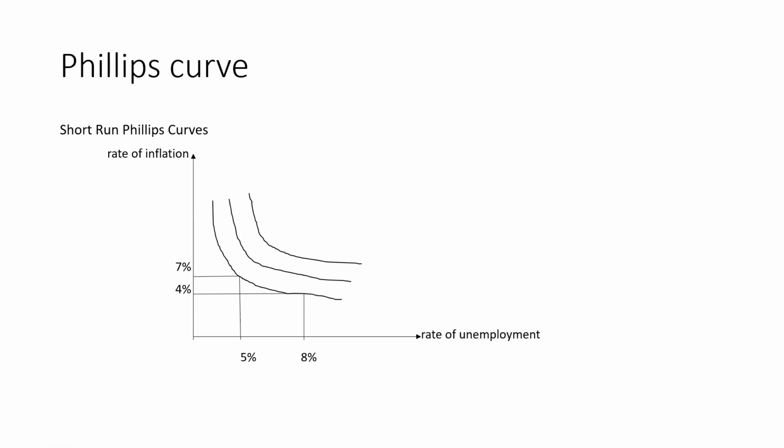And so what happens if our expectations of inflation increase? That's what you're seeing here with these different levels of the short-run Phillips curve. They each represent different levels of expected inflation.